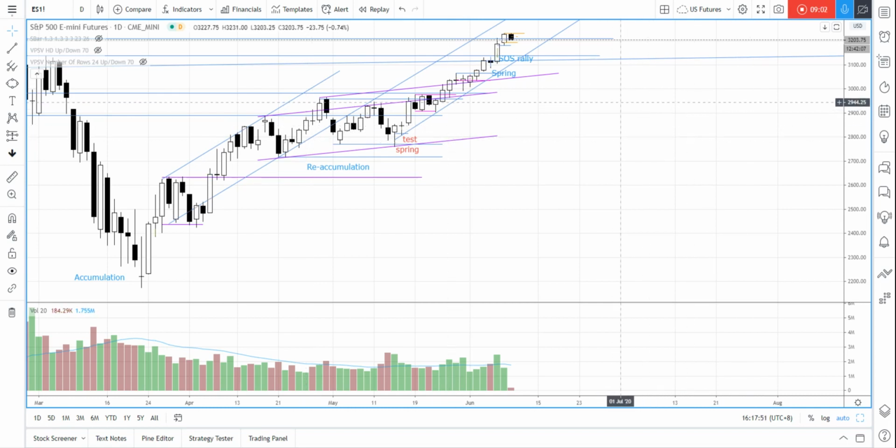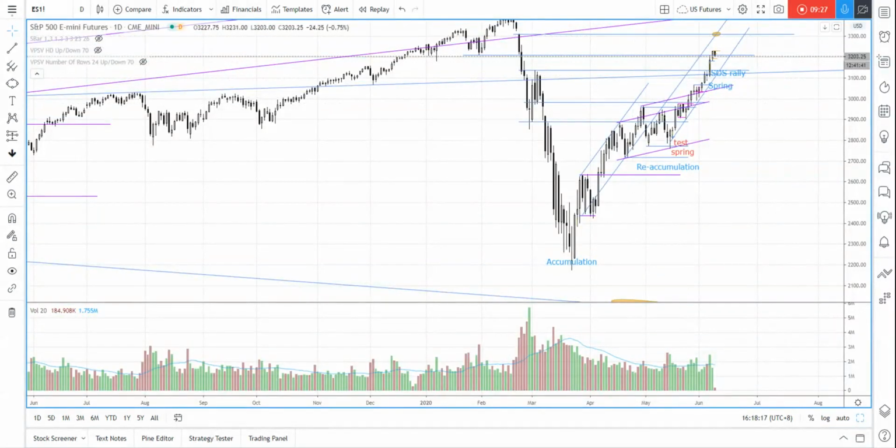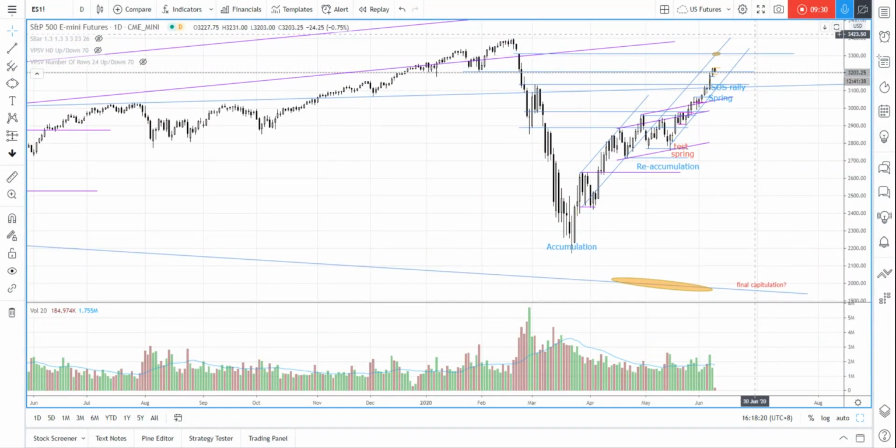So if we have some kind of resolution for the supply and also a clean break above this resistance level near 3210, I think we can easily hit the next target around 3310 or 3300 level, which also coincides with a channel overbought here. And eventually, I think we can have a test at the all-time high near, I think it's 3400.